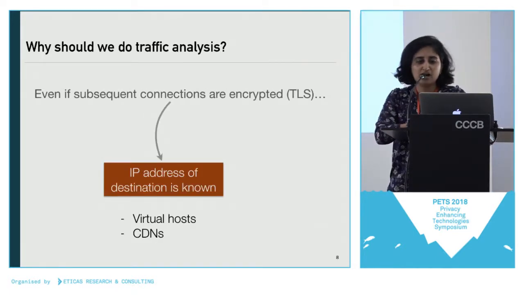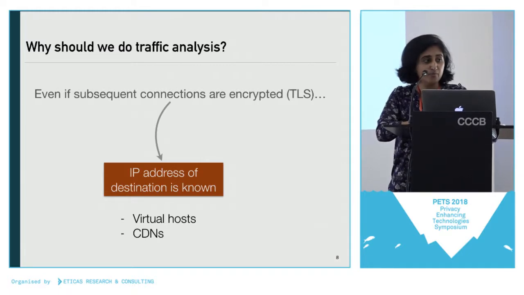The question may arise as to why we should even do traffic analysis of DNS traffic in the first place. Let's say that the DNS traffic is encrypted, and the subsequent connection between the client and the destination host is also encrypted using protocols such as TLS. You still have the IP address of the destination from which you could potentially learn the domain name that the client is interested in visiting.